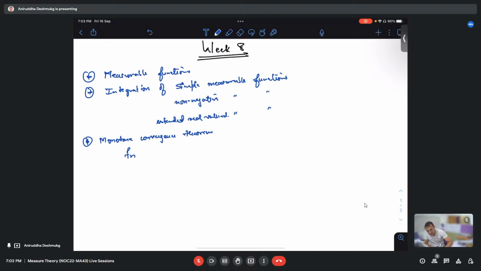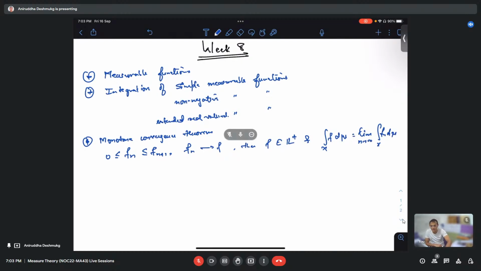So f_n non-decreasing, f_n converges to f, non-negative as well. Then f is measurable, and the integral of f d mu is the limit of the integral of f_n d mu. This is what the monotone convergence theorem says.